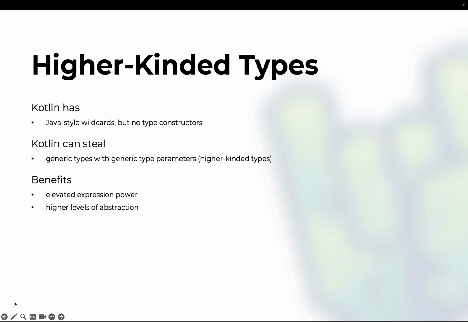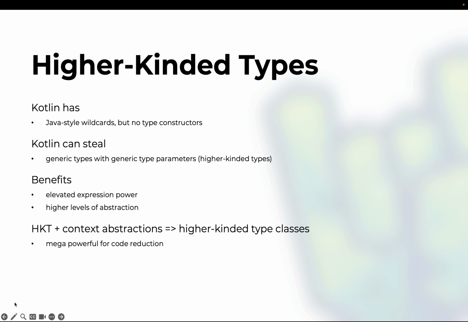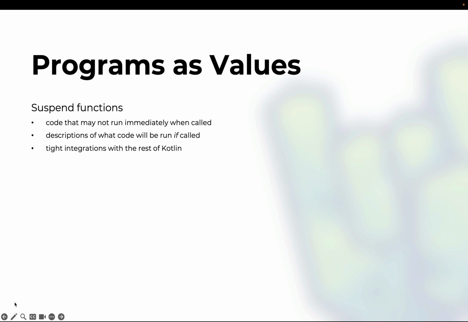And if you happen to combine contextual abstractions with higher kinded types in the style that I've showed you in the code, this is super powerful for code reductions and for mental burden reduction, because now you can focus on what you care about without caring about the correct types or with the correct context, as long as you created them in the first place.